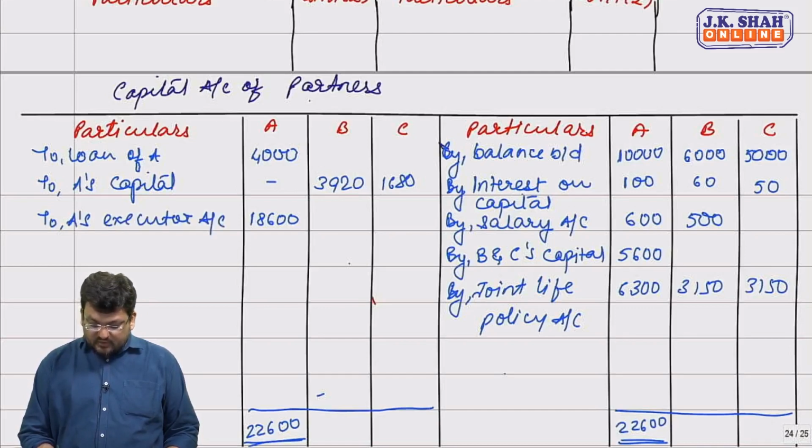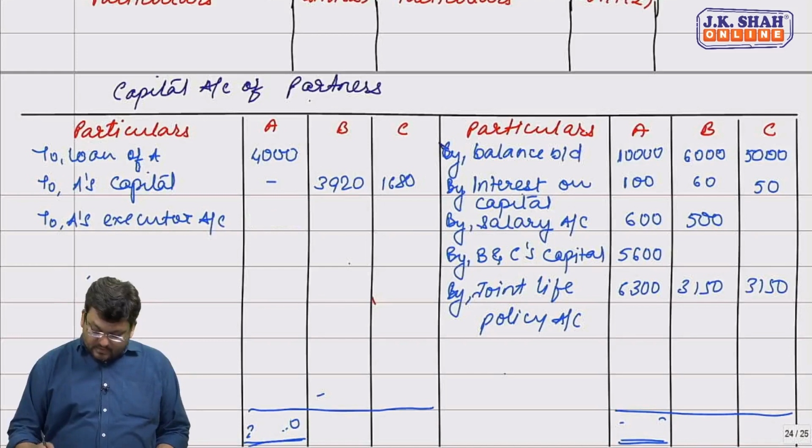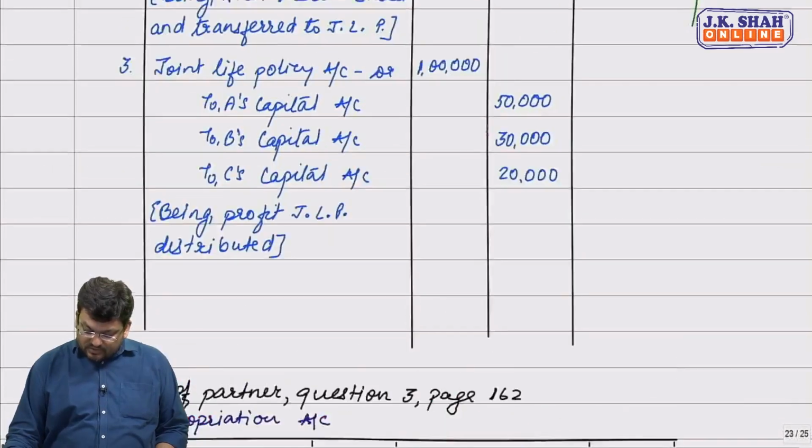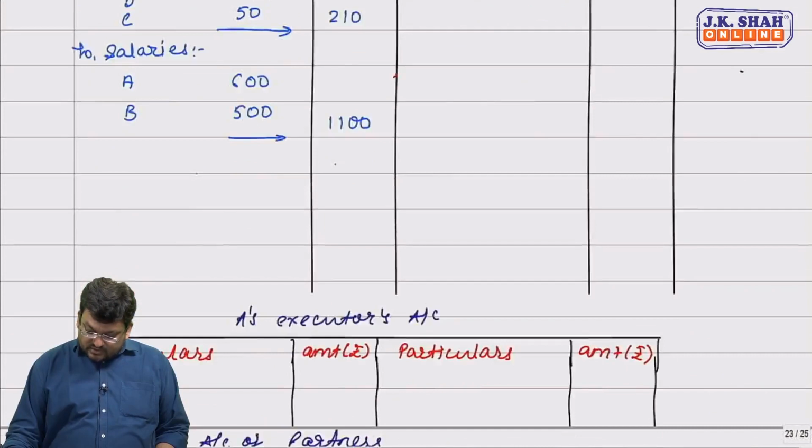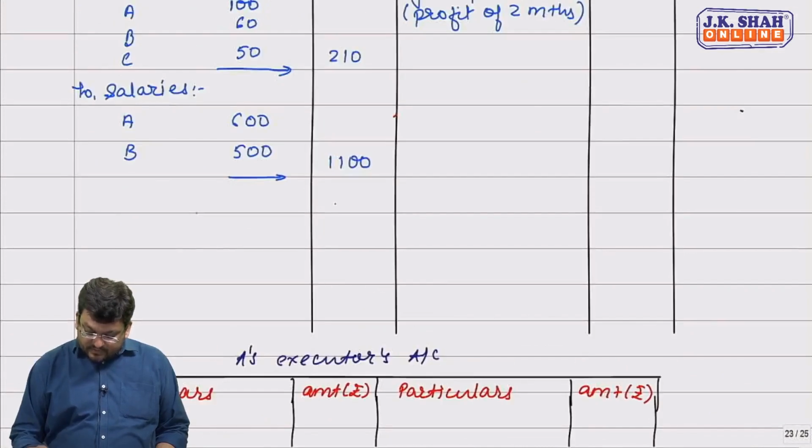Will be transferred to his executor's account. Now before we calculate A's executor's balance, we need to close the balance in P&L appropriation also. P&L appropriation account is showing profit, which is our divisible profit now.